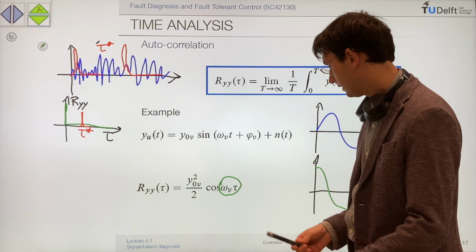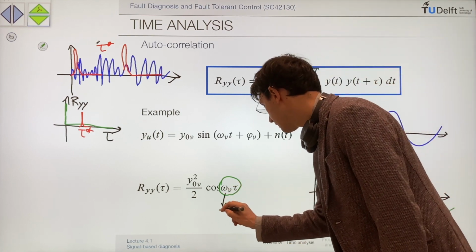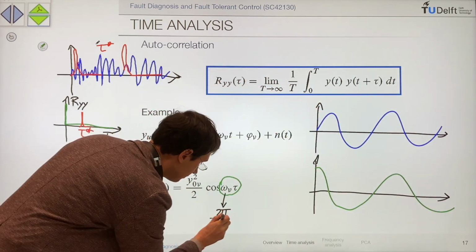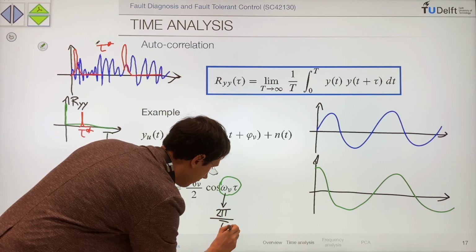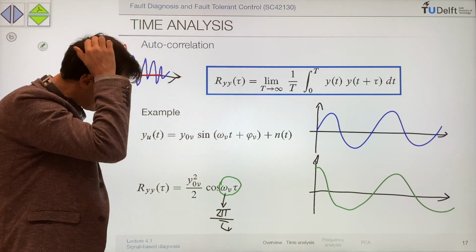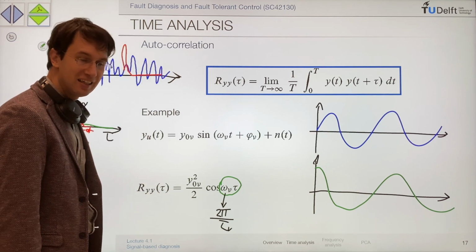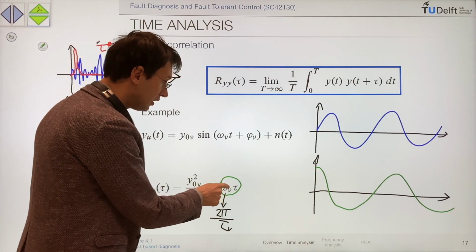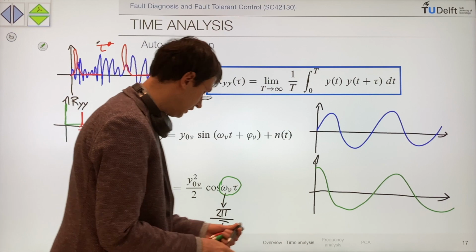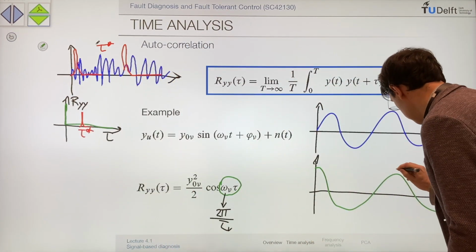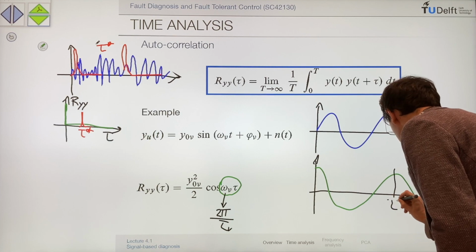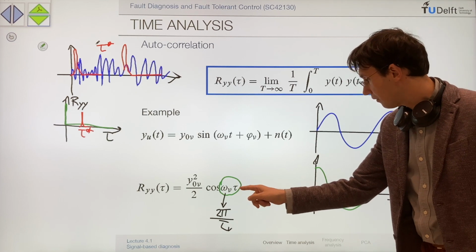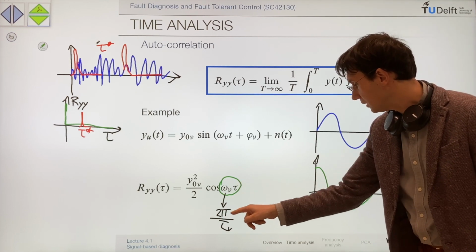But remember that omega is equal to 2 pi over the period. So let us call by tau v the period. So when you look at the autocorrelation signal and you look at the value of tau that is equal to tau v, the period, so let us assume we draw it here, we get a peak because if tau is equal to tau v, this is simplifying with this, you get only 2 pi.